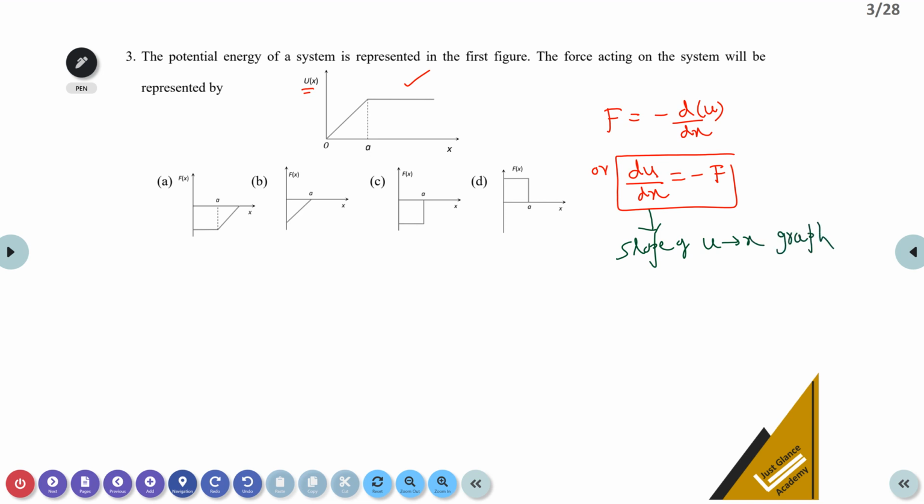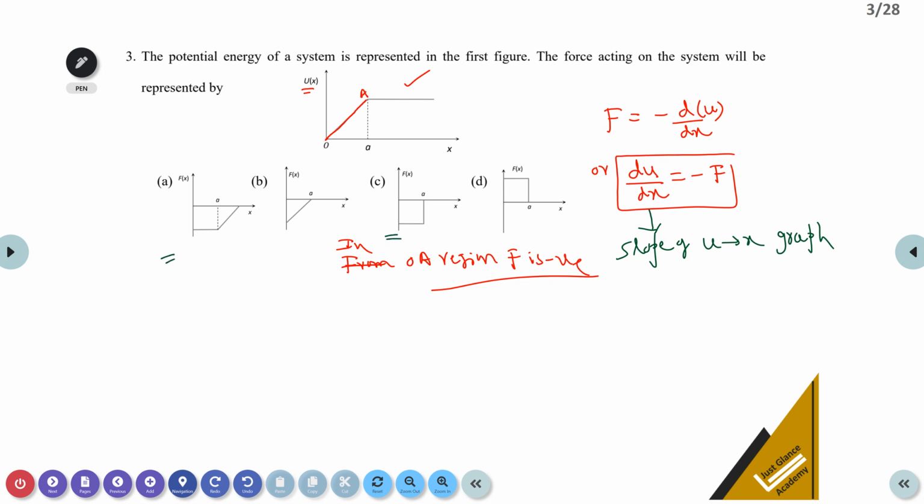In the U against x graph, from this region to OA, the slope gives that F is negative from O to A. In the OA region, F is negative. F negative means which graph? This graph and also this graph.